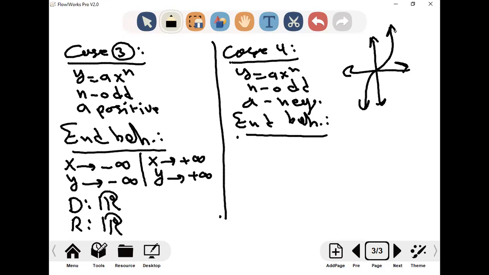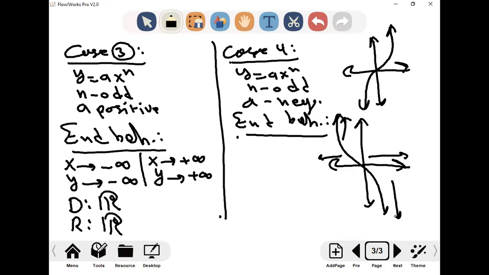Now negative x power 3 is something like this. Okay? See the difference? So look here. If x goes to negative infinity, the function goes to positive infinity. The opposite: if x goes to positive infinity, negative infinity. Got it? The opposite of this.